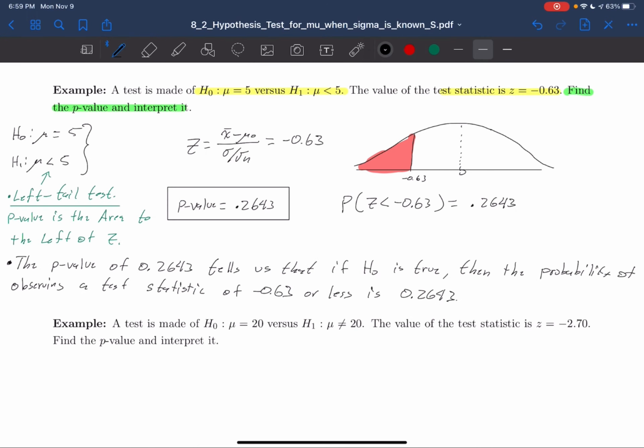And you notice that this probability is not so small. So it kind of gives us a hint about what it means either to reject or fail to reject our null hypothesis. But I'm going to get into that a little bit further down the notes.